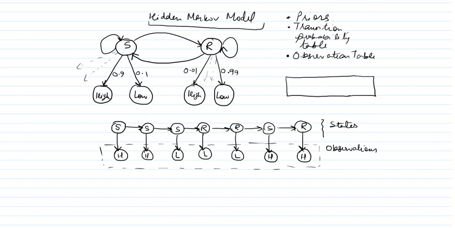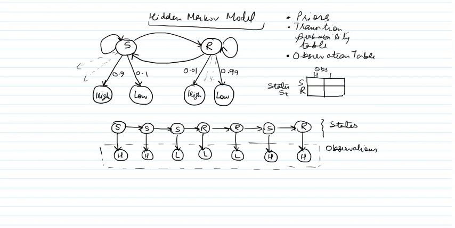So we require only 4 values, and it can be written like this. These are the states, S_t: sunny and rainy, and these are the observations: high and low.